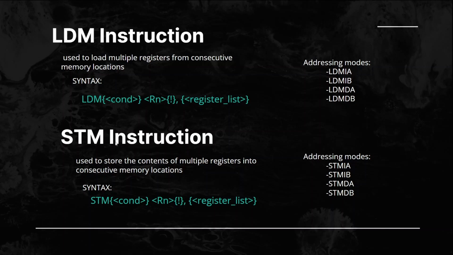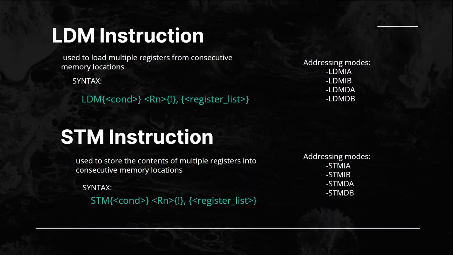Now let's start with the store multiple instruction. The store multiple instruction in ARM assembly is used to store the contents of multiple registers into consecutive memory locations. This instruction is useful for saving the state of registers to the stack or any other contiguous memory block. Now you will be thinking, what is the use of these two instructions?